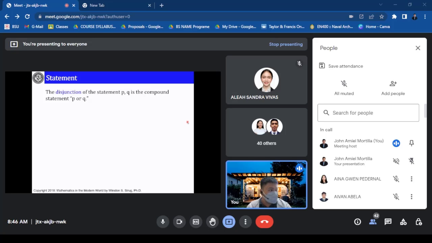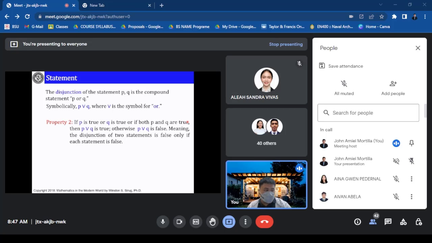So after conjunction, we have disjunction. So the disjunction of the statements P and Q is the compound statement P or Q. Remember ha, pag conjunction is and, pag disjunction is or. So symbolically, P or Q, where the letter V is the symbol for or.